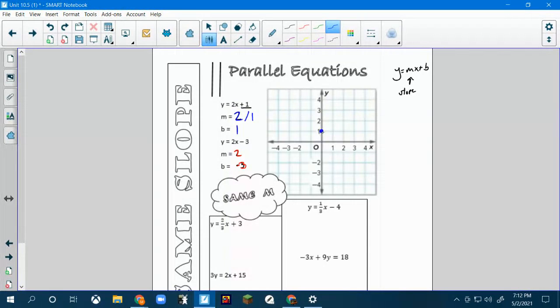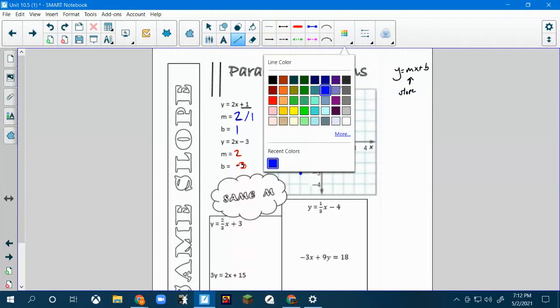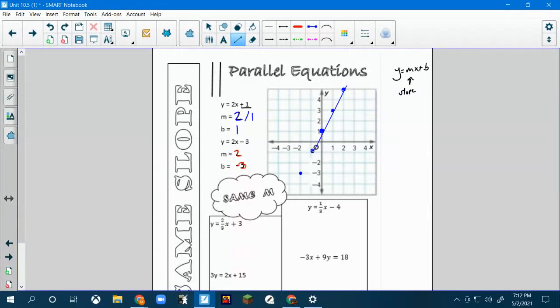So we start right here at positive 1, go up 2 and over 1. We can do the opposite, down 2 to the left 1. Let's connect that line in blue, as close as possible.